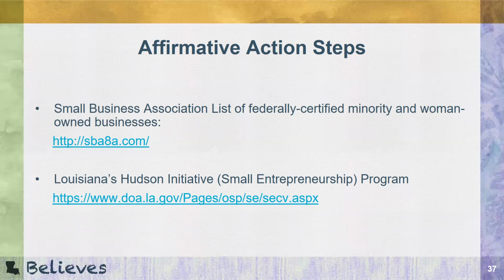You can actually download the Hudson Initiative list and maintain it on your computer, but the Small Business Association list is major. And when I talk to different SFAs about contracts that they're doing, when there's areas that I know of where we have minority and women's owned businesses, I do remind them to include those in the solicitation.